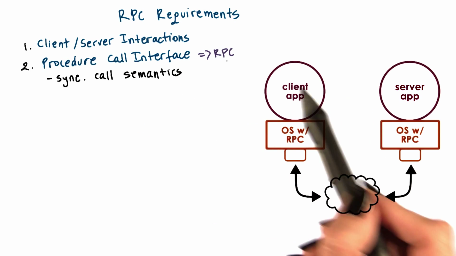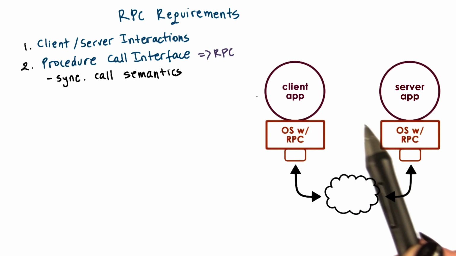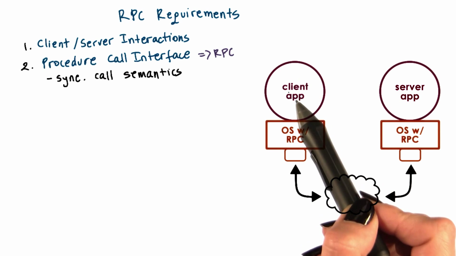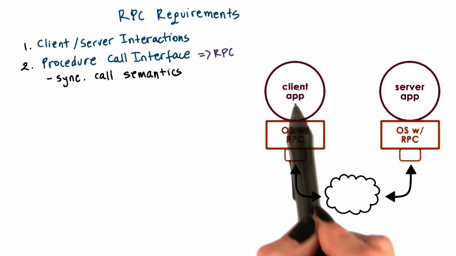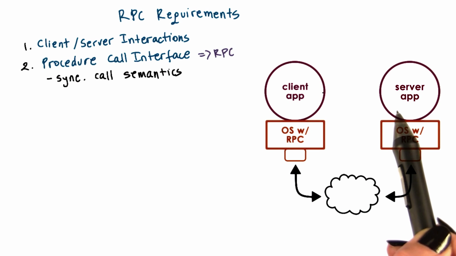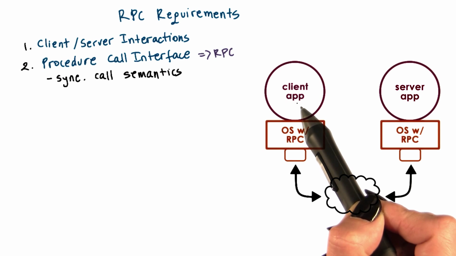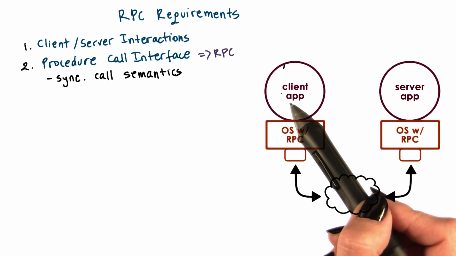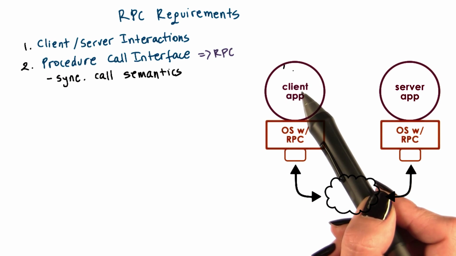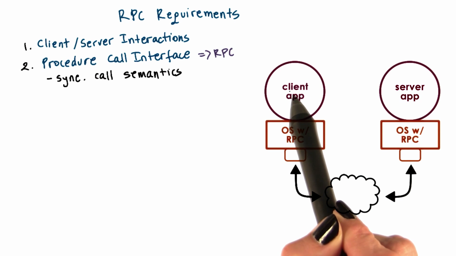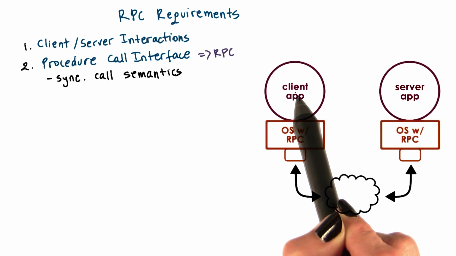What that means is that when a process makes a remote procedure call, the calling process, or at least the calling thread, will block and wait until the procedure completes and then returns the result. This is the exact same thing that happens when we call a procedure in a single address space. The execution of the thread will reach the point when the procedure call is made.